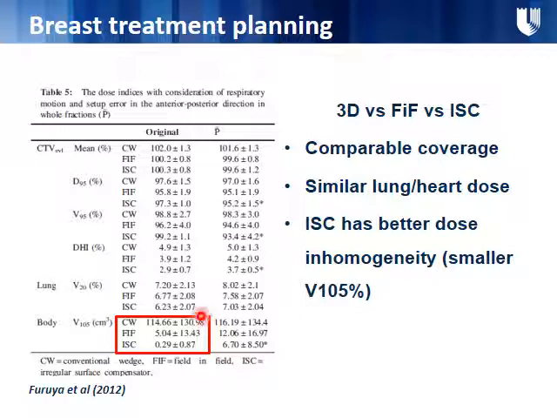Noticeable difference appears in the dose homogeneity, high dose volume, V105. Field-in-field reduced the high dose area compared to 3D CRT, and irregular surface compensator further reduced inhomogeneity.